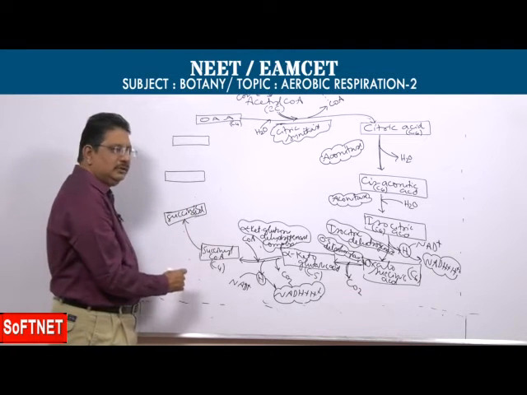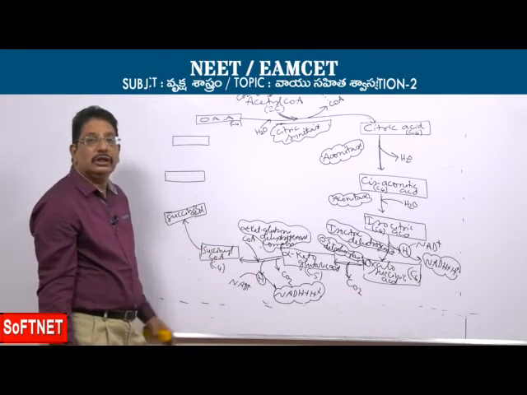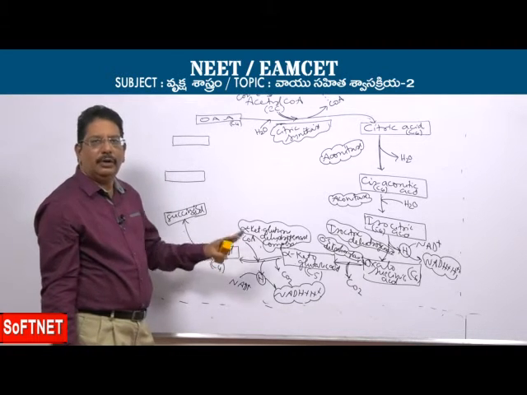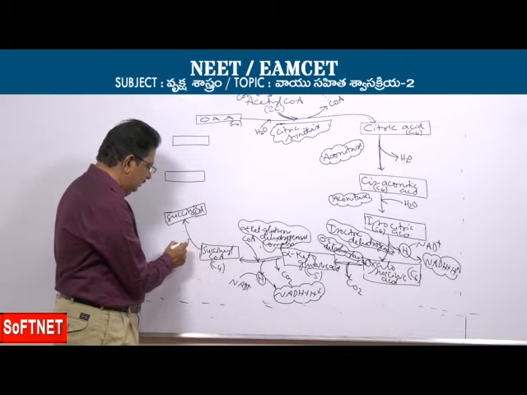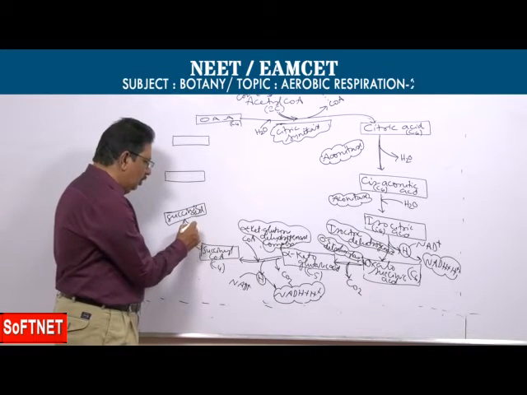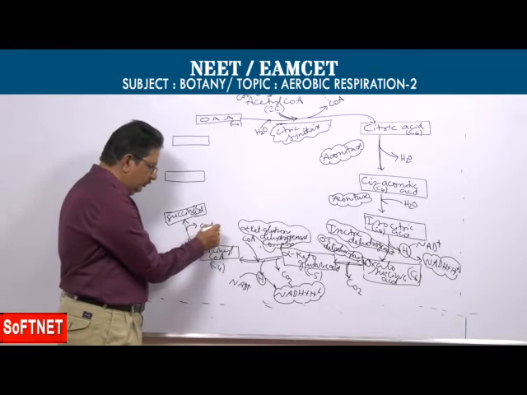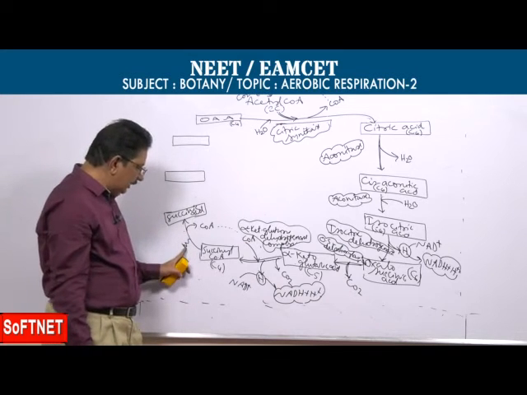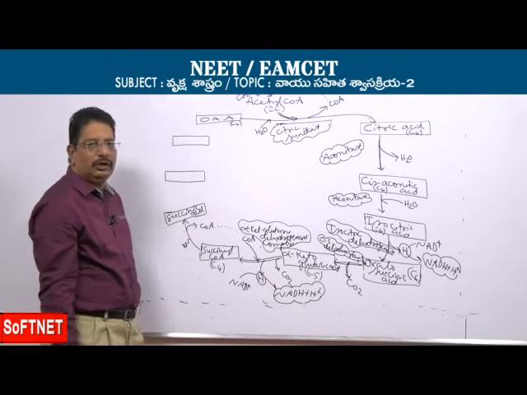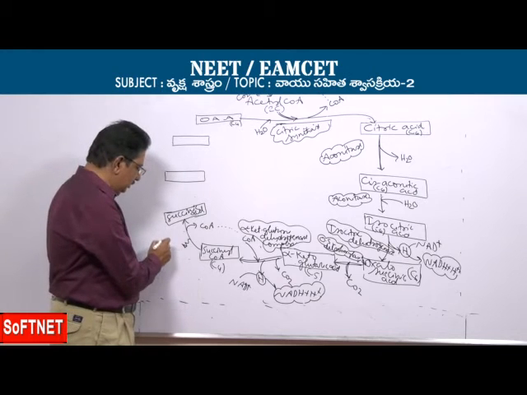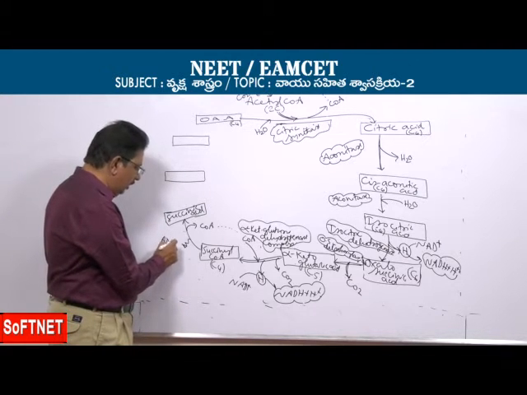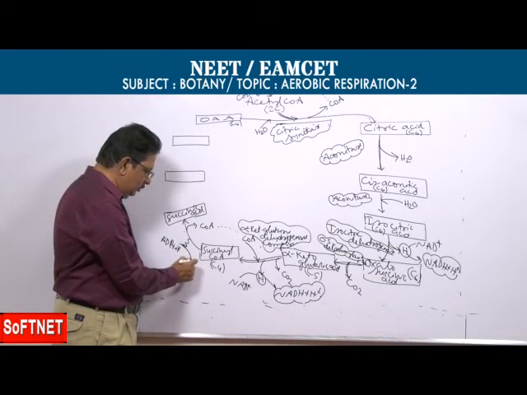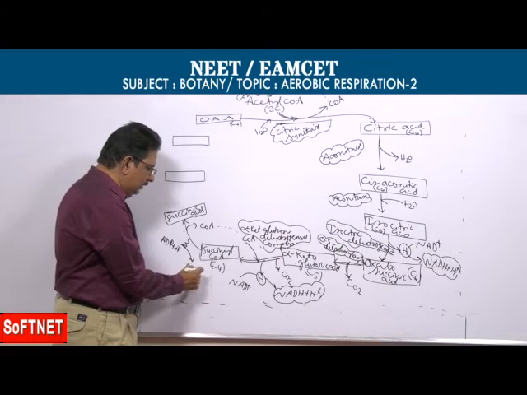Then succinyl coenzyme A converts into succinic acid. During this process, the succinyl coenzyme A undergoes cleavage, that means breaking, and during that bond breaking some energy is liberated and a coenzyme is released, which is made available for the next reaction. And the energy liberated during this conversion is involved in the formation of a bond between ADP and Pi to form the energy currency.